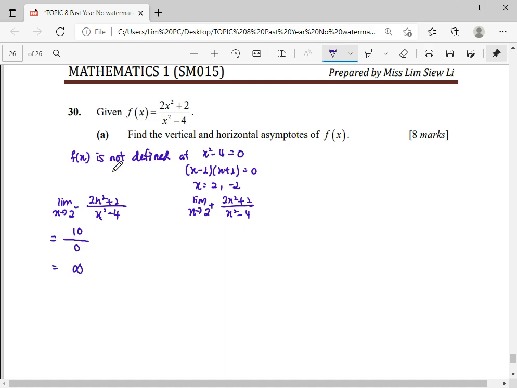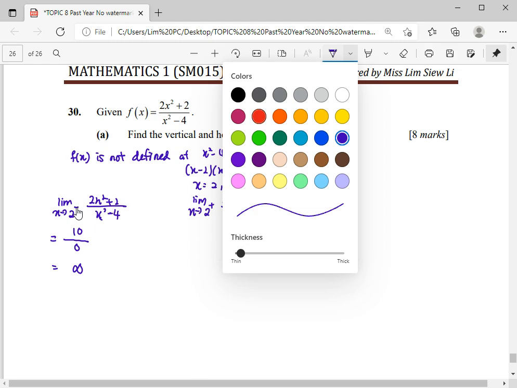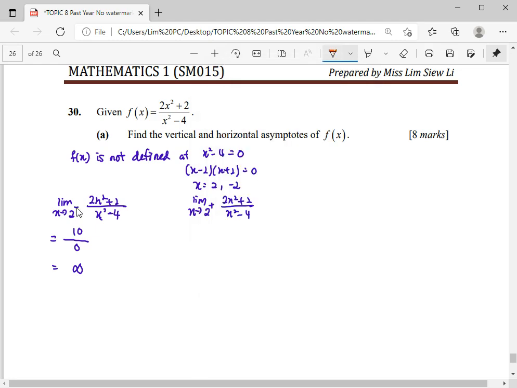So when x approaches 2 from the left hand side, it means our value is closer to 1.999. So when we test x equals 1.999, our denominator, the approaching value 0 here, will be closer to the left hand side, so it will become negative.